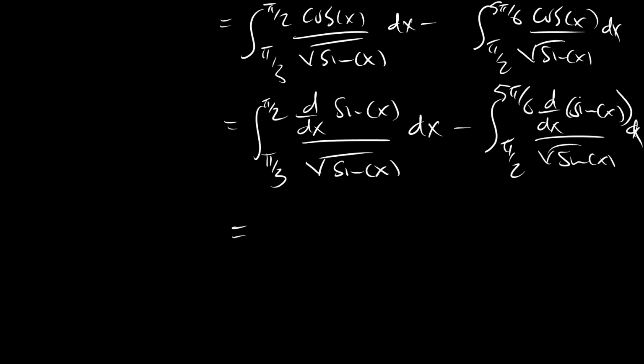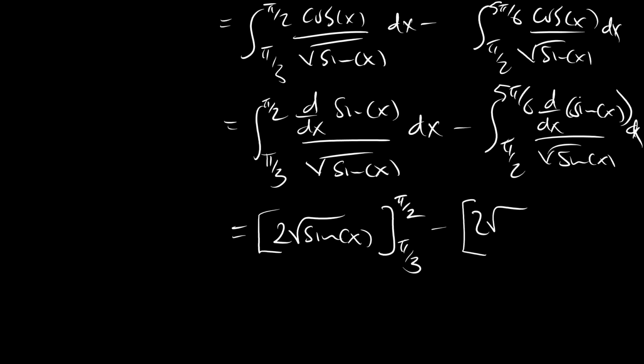So that we have, in essence, 2 square root of sine of x from pi over 3 to pi over 2, minus 2 square root of sine of x from pi over 2 to 5 pi over 6.